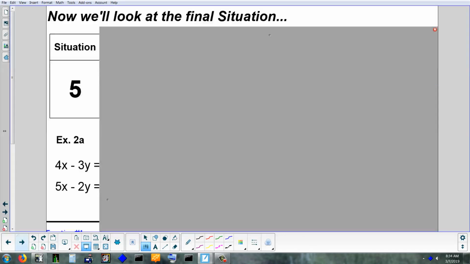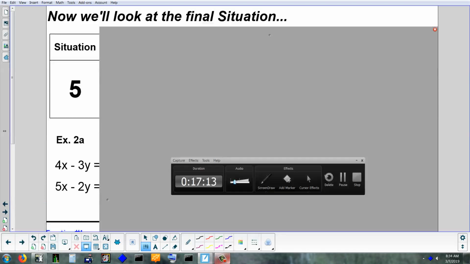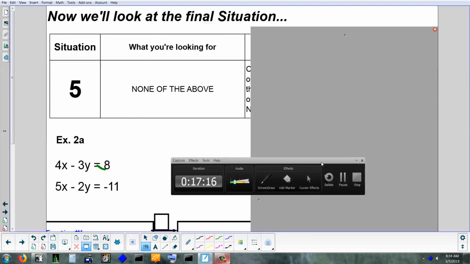All right, so situation 5. In terms of what you're looking for, it's not going to be as much to write as last time. What I'm looking for is none of the above. It doesn't fit any of the criteria in situations 1 through 4.